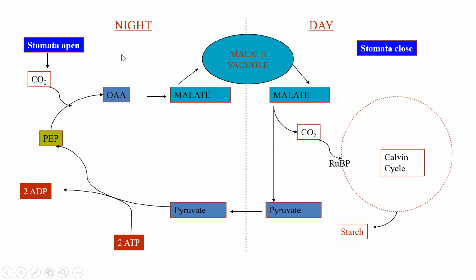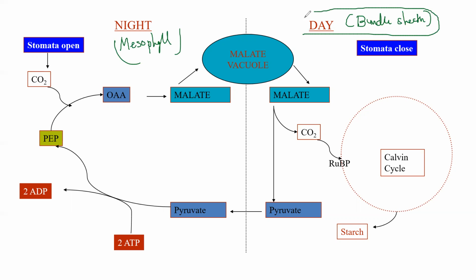The only thing is that you replace night with mesophyll, so night is equivalent to mesophyll, and day is equivalent to the bundle sheath cell. So this can also be asked in competitive examinations, comparing these two things.